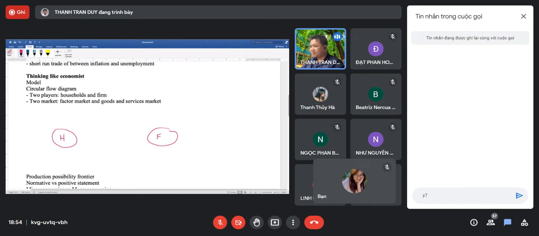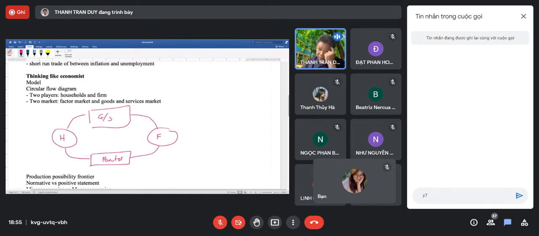They interact in the market. I cannot draw it with my mouse, not very well. So this is the factor, and goods and services, right?